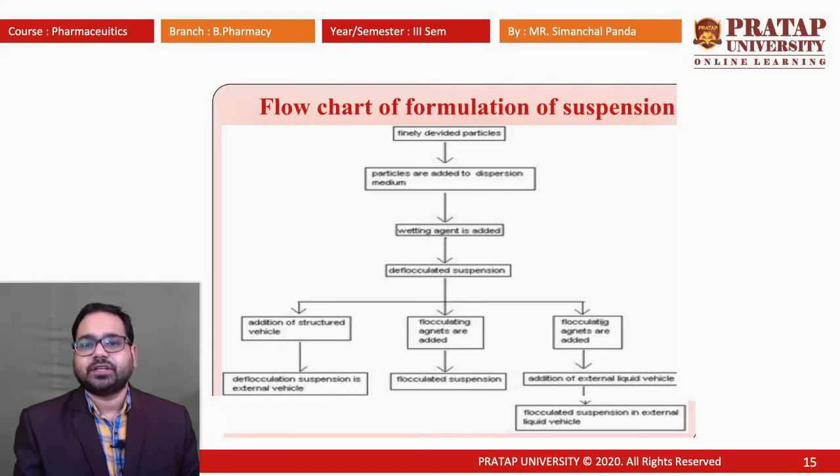The wetting agent is used, and for the deflocculated suspension, we can see there are three different types of method: addition of structured vehicle, flocculating agents, and flocculated suspension in the external liquid vehicle.